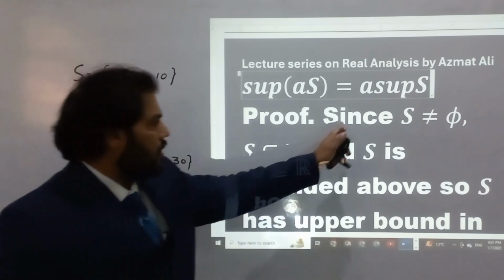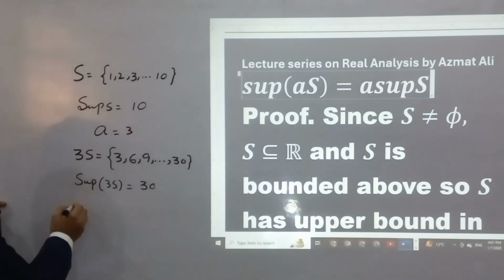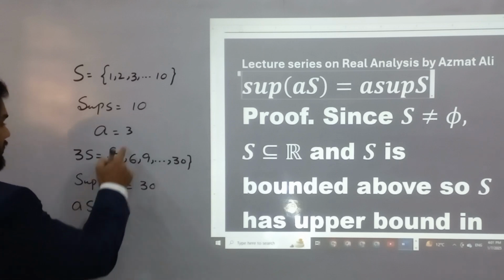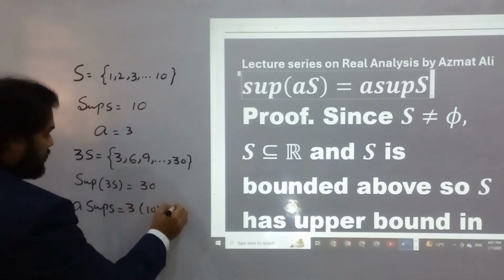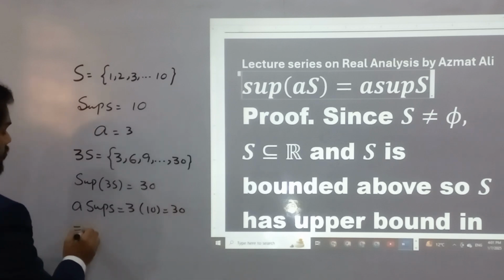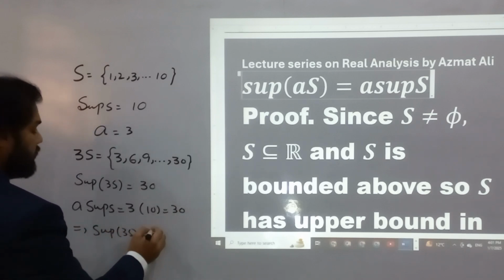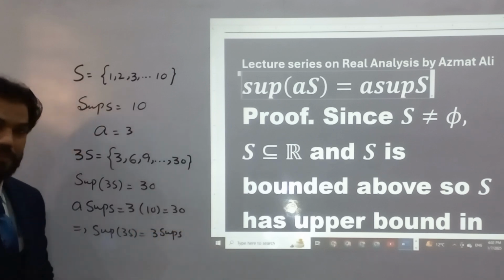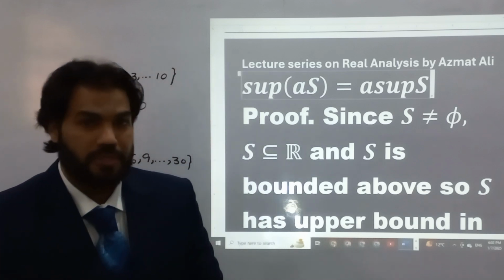Whereas the right hand side is A times supremum of S. A is 3 and supremum of S is 10, which is equal to 30. So we can see that this property is verified by this particular example. So now we prove this property in general.